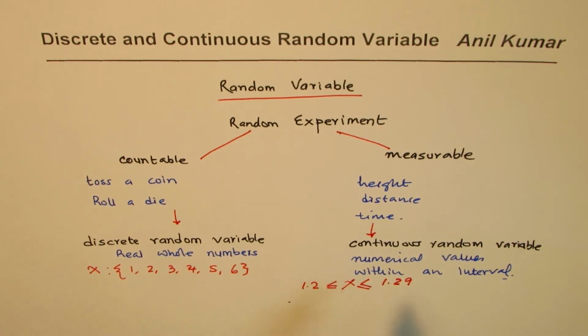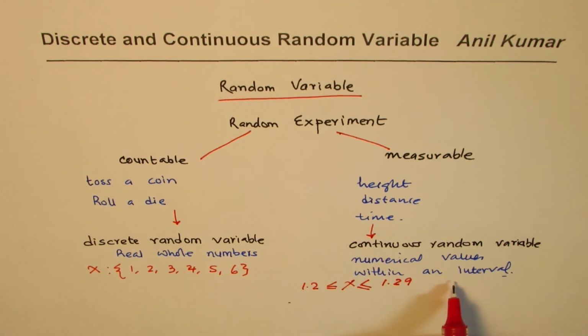An interesting thing here is that if I'm working with a continuous random variable and I ask what is the probability of the variable being exactly 1 meter, for example when measuring height, then the answer will always be 0, because there cannot be any probability associated with a unique number. We are always talking about intervals. Do you understand? That is very important to understand as we move on.